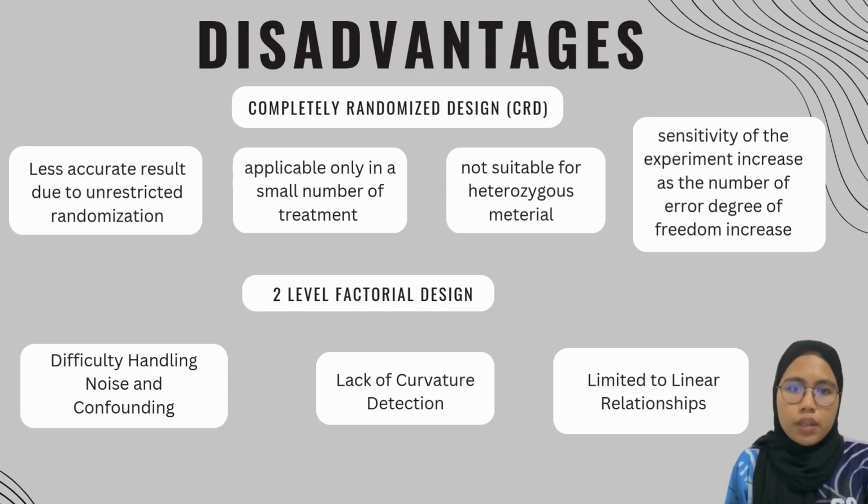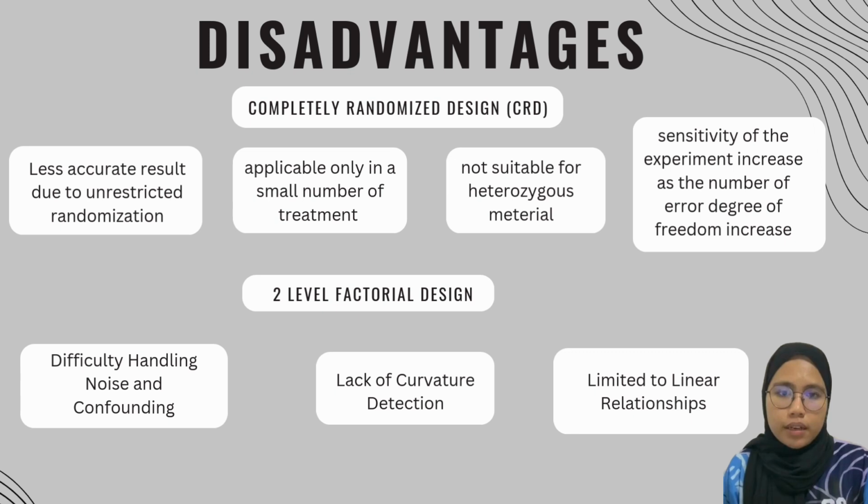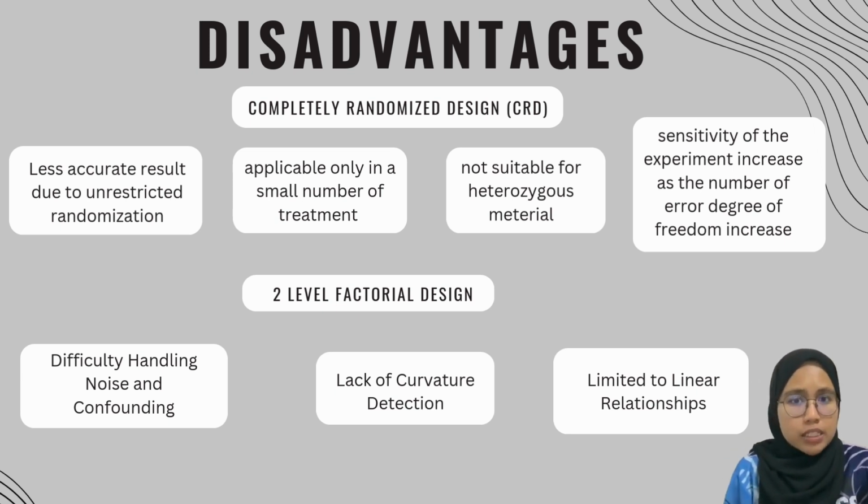So right now I will explain the disadvantages of the completely randomized design, CRD. First, it gives less accurate results because of unrestricted randomization. Because of the greater influence of random choice, the randomization may introduce imbalance. Second, it is only applicable to a small number of treatments.